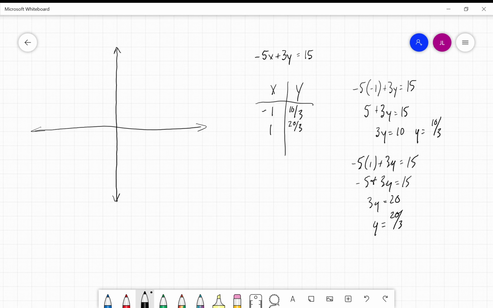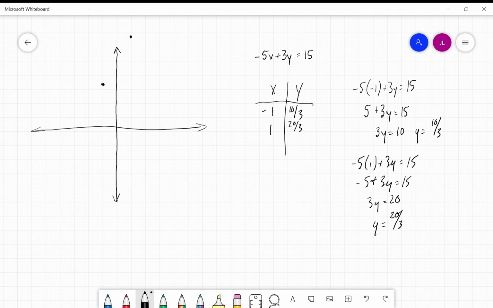When x is negative 1, y is 10 thirds, so we go left 1 from the origin and up 3 and 1/3. 1, 2, 3, and about a third. And when x is 1, y is 20 thirds, which is like 6 and 2/3. 1, 2, 3, 4, 5, 6, and 2/3.